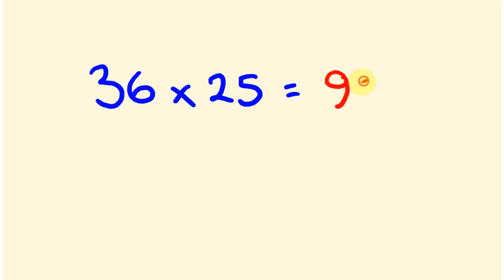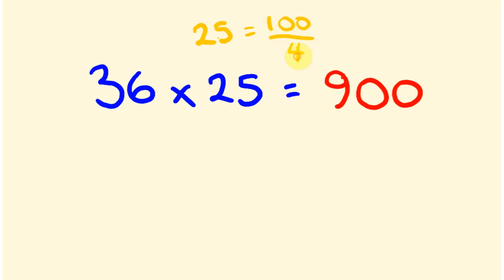And we're going to be multiplying by 100. So when you're multiplying by 25, we're dividing by 4 and timesing by 100. Why is this? Because 25 is the same as 100 divided by 4. So if you're multiplying by 25, that's how you do that one.